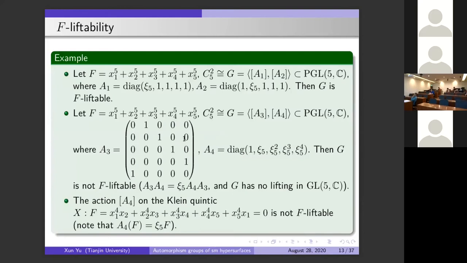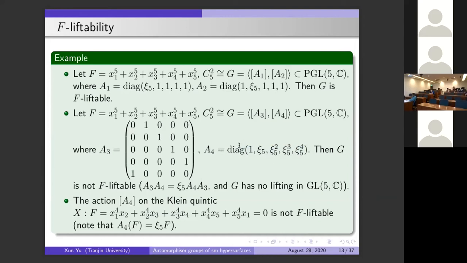Let's see an example of why the action is in general not F-liftable. Let's look at the middle one. In this case, take the Fermat quintic, and look at the group G generated by the following two matrices. The first, A3, is just a permutation of the 5 coordinates of order 5. That means you replace x1 by x2, x2 by x3, and so on. And A4 is a diagonal matrix with trace 0.